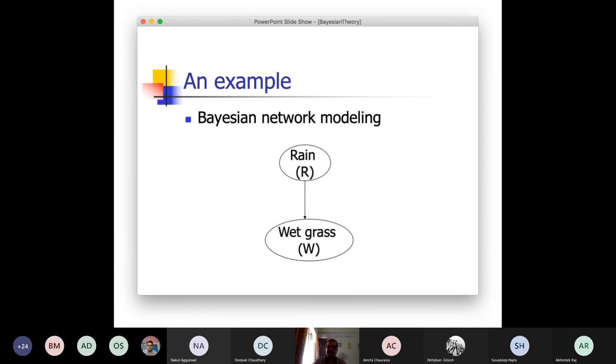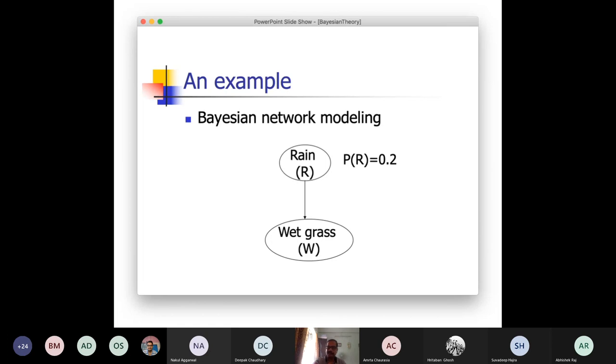So in terms of probability model, I have this particular model in this case. Say we consider the probability of rain is 0.2, which means the probability of not having rain is 0.8. So it is a Boolean variable. Whereas for wet grass, I'm not describing the probability of wet grass.